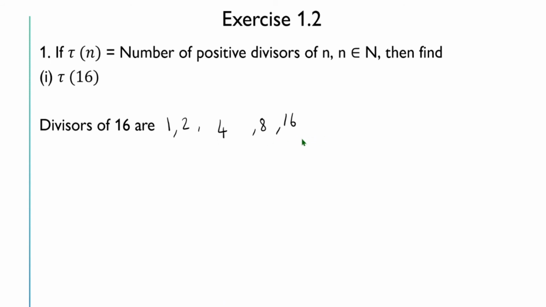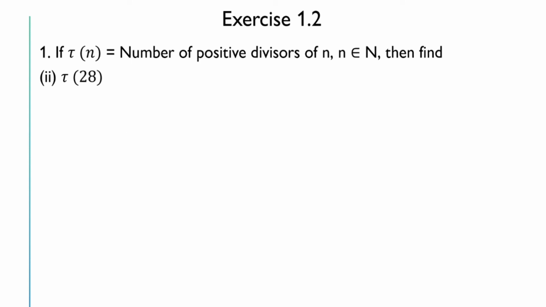So tau of 16 is the number of positive divisors of 16. It is 1, 2, 3, 4 and 5. So tau of 16 is equal to 5. I hope this is clear. So we have to find the various divisors of 16.